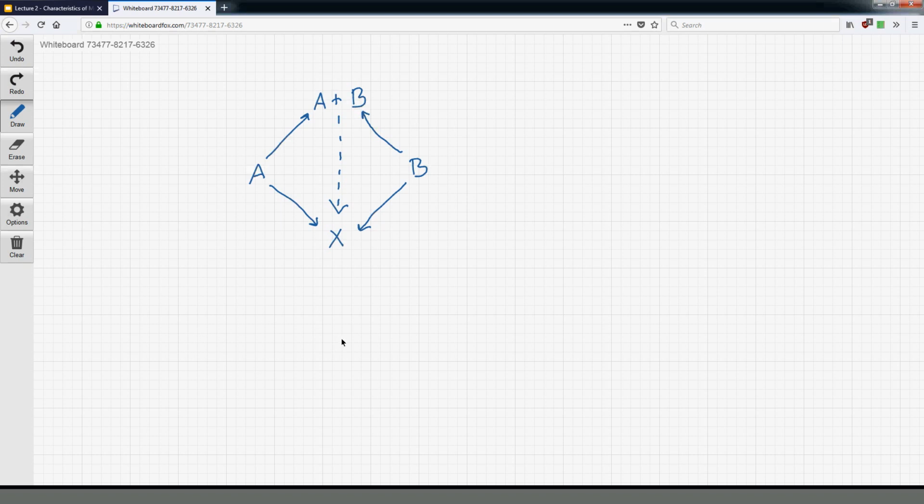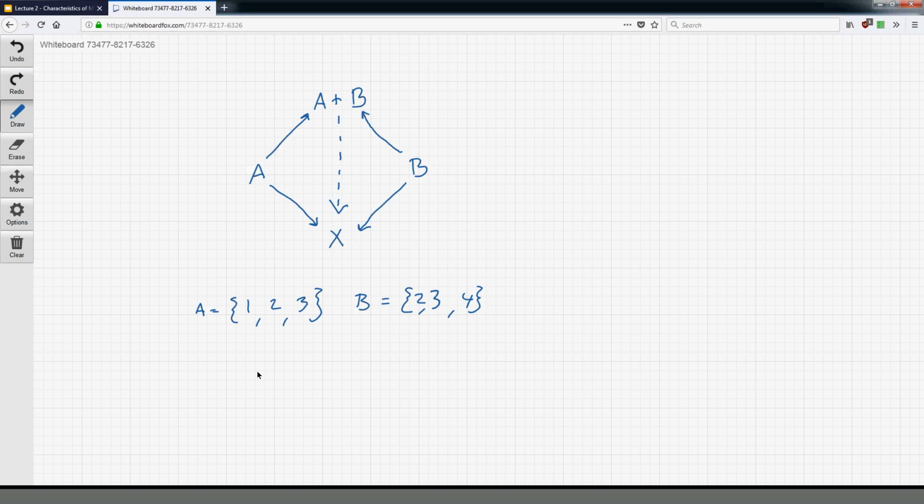It's actually the disjoint union, which is essentially, if we have a set A equals 1, 2, 3, and B equals 2, 3, 4, the union of these would just be 1, 2, 3, 4.